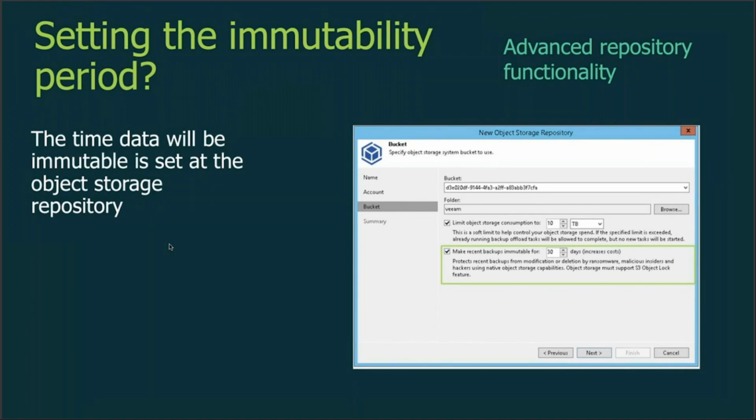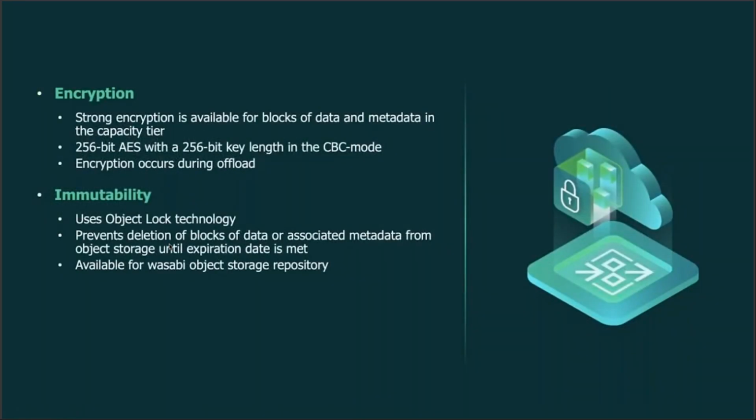So if we move on to the next slide, things that we want to focus on here are going to be security, right? The whole concept of this is that data needs to be secure. We're doing encryption. We're making sure that that data is encrypted from the second it's being backed up all the way through the whole process. Also, immutability uses an API developed by S3 called object lock.